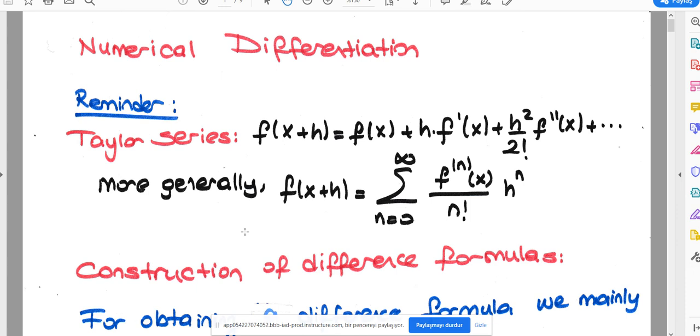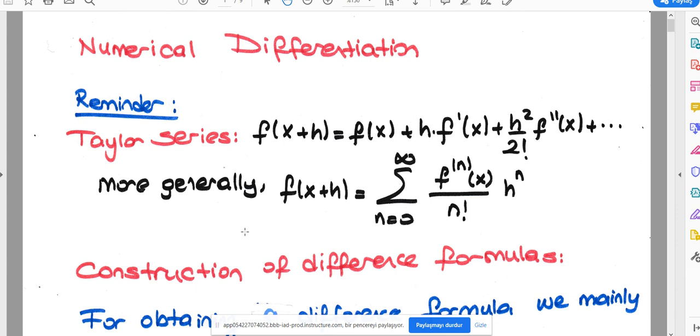Because all the functions have a Taylor series formalization, like a polynomial version, to represent themselves. By using a series representation, I can write down any function which is analytic. The word analytic means that it has infinitely many derivatives, and all the derivatives are continuous.